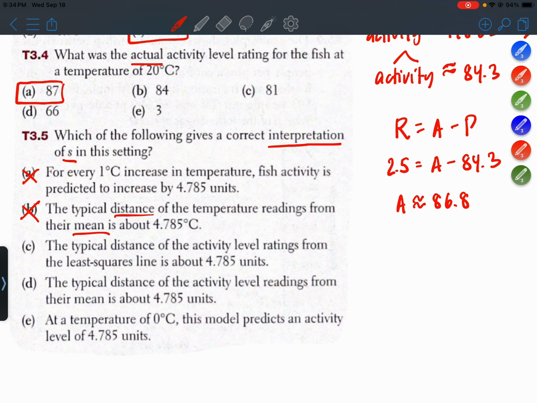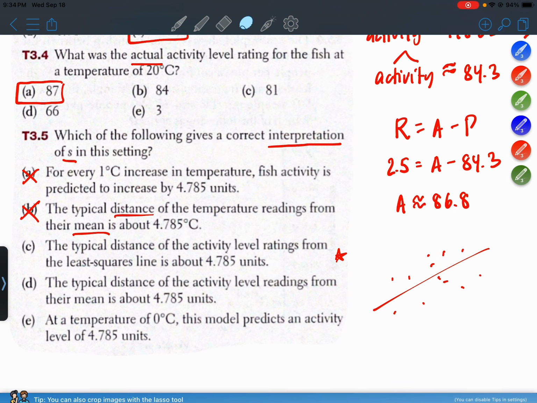All right, C: the typical distance of the activity level ratings from the least squares line is about 4.785. That one's promising. It's talking about the average distance of the ratings from the line. So if we have this, that's way too many dots.